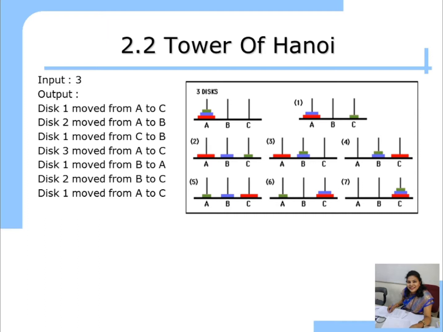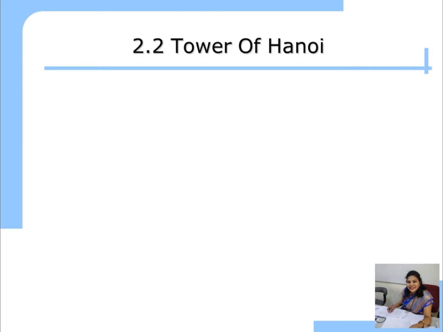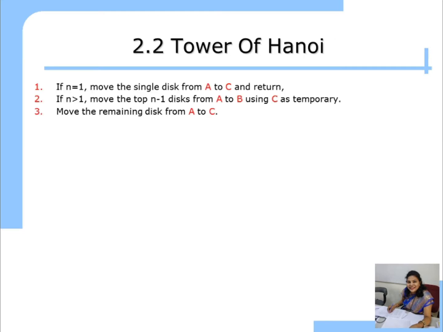So let us now see the implementation of the recursive function of the Tower of Hanoi. So this is the logic behind the Tower of Hanoi. If there is only one disc, then move the disc from source. A is the source pole, C is the destination pole, and B is the temporary pole.